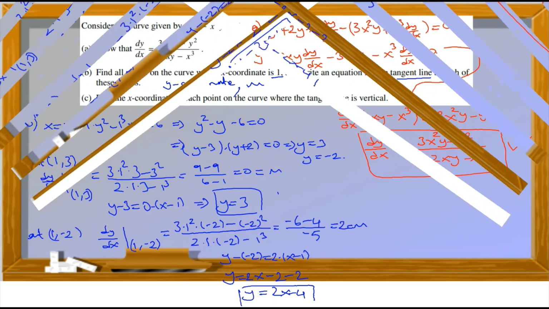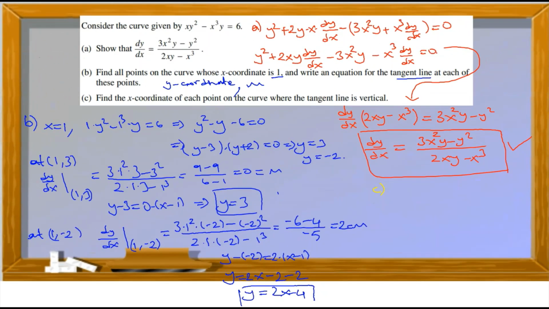Alright, let's move on to part C. It says find the x-coordinate of each point on the curve where the tangent line is vertical. If the tangent line is vertical, that means the bottom expression of our slope has to be equal to 0. So 2xy minus x cubed has to be equal to 0.